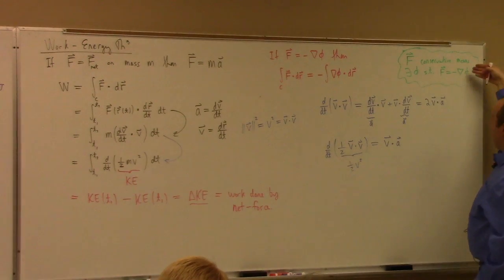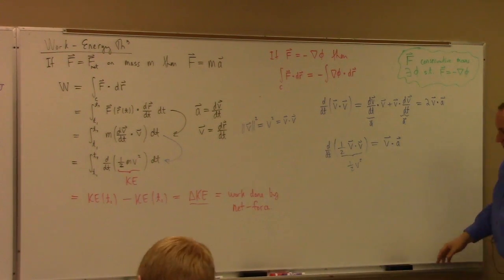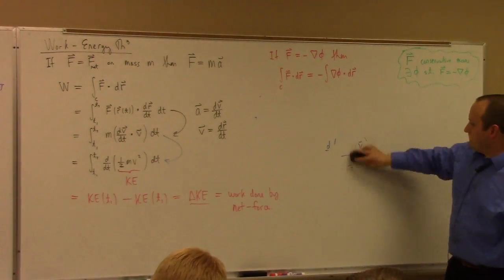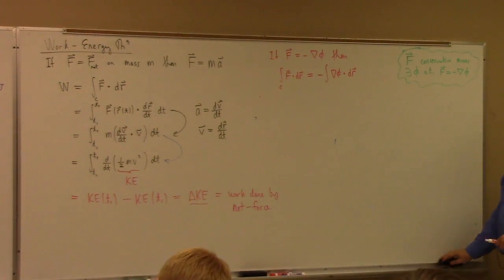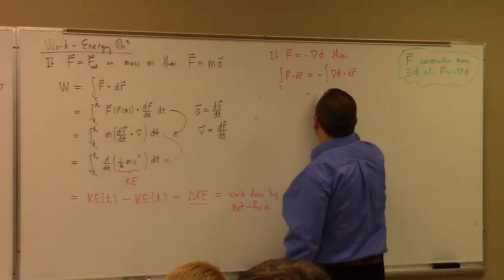Again, this is the definition of conservative force, that it can be written as the gradient of a scalar potential function with a minus, for reasons which are about to become clear. So then what? There's this other theorem, I guess I should fess up.